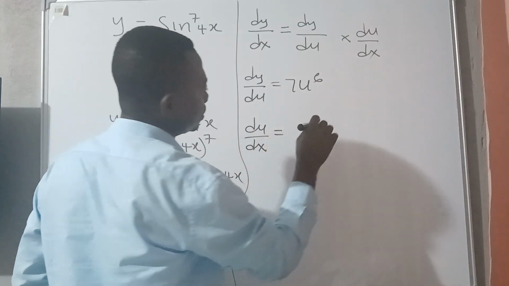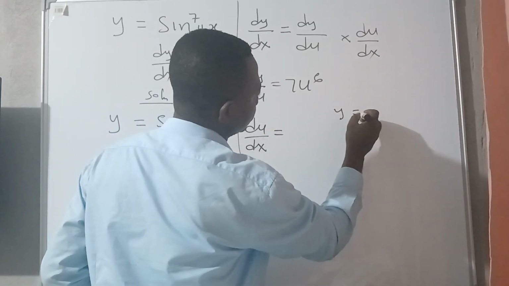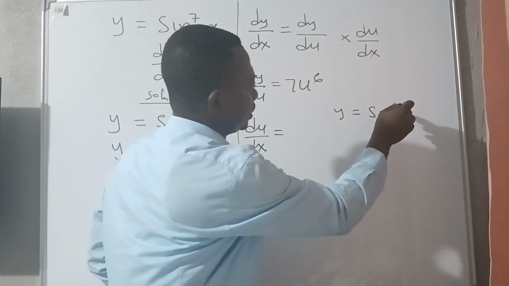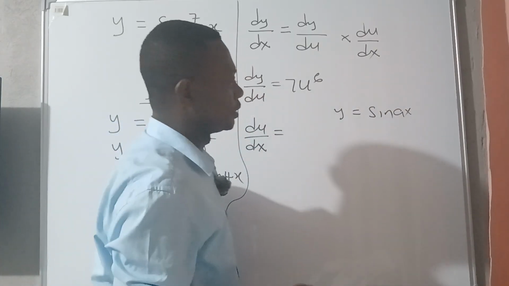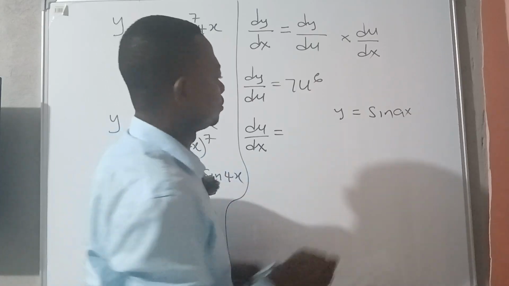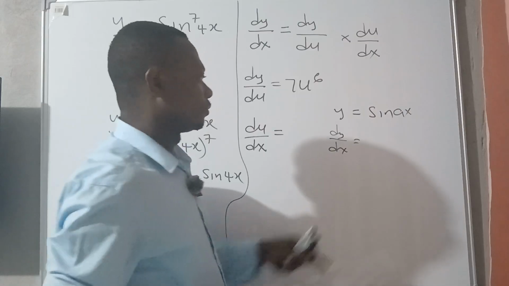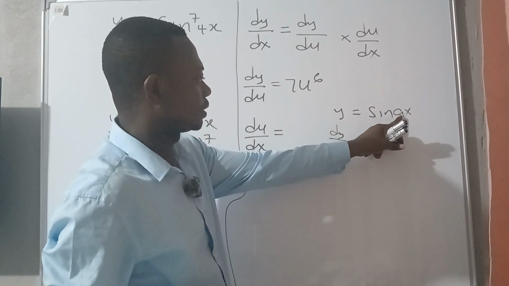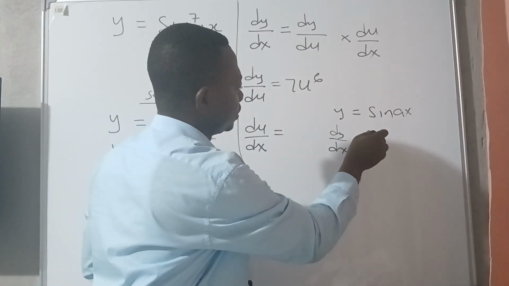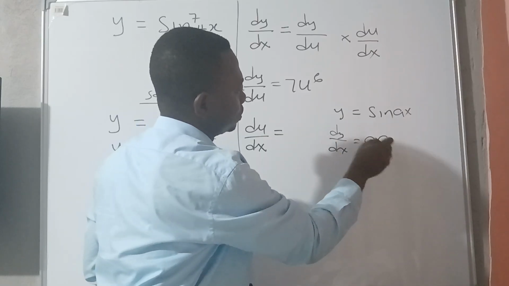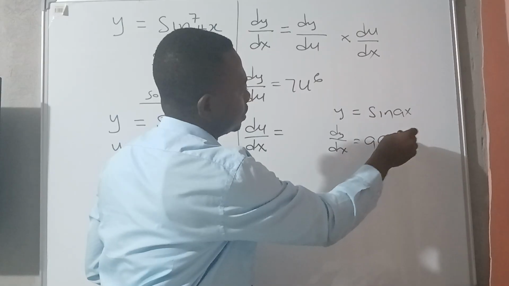When we are given, let's say, y equals sine ax, the derivative dy/dx is a, with whatever is there coming out. The derivative of sine is cos, so we repeat ax.